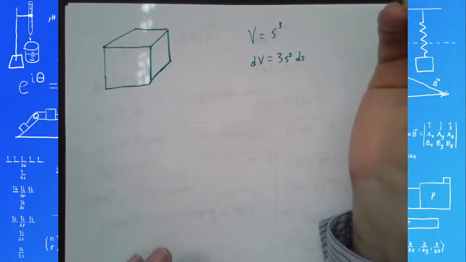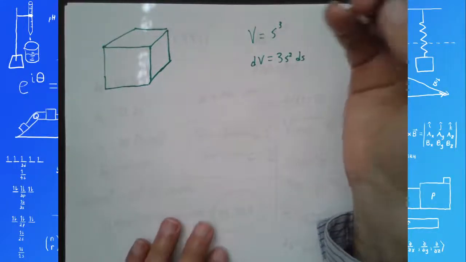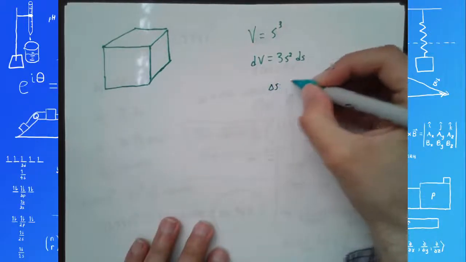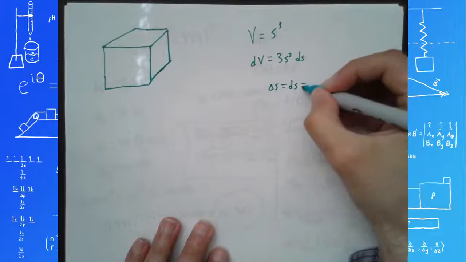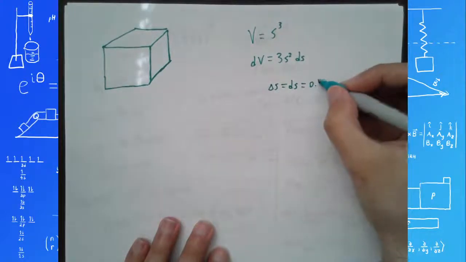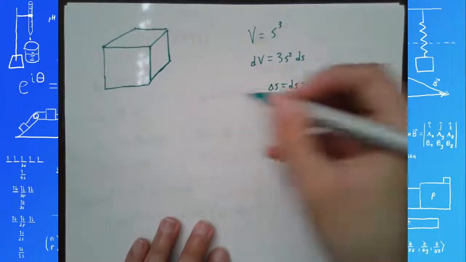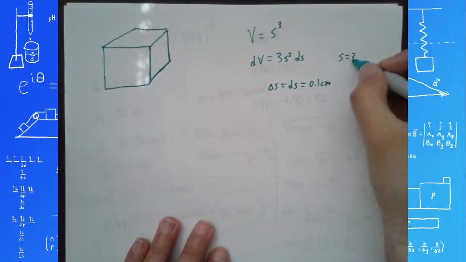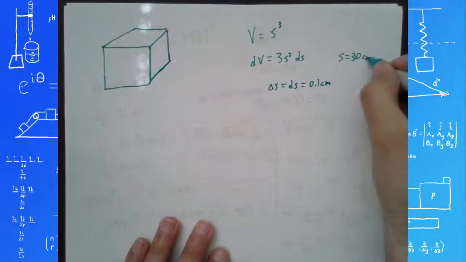Okay. And we said the error ds equals delta s equals 0.1 centimeters, and s was 30 centimeters.